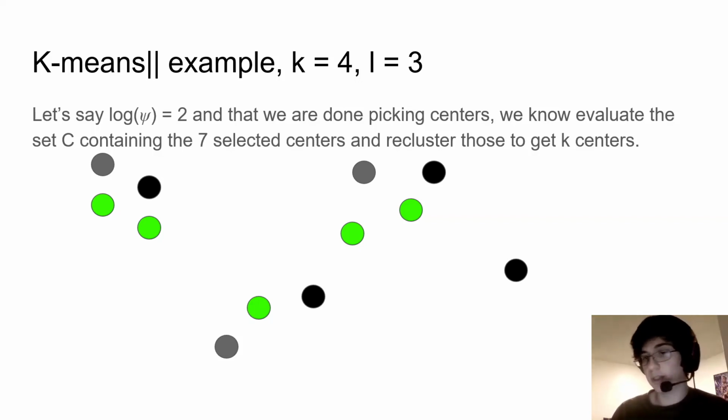So we do this to gather which centers are the most important, have the tightest center on the data, and we recluster those to get k-centers in step 8.